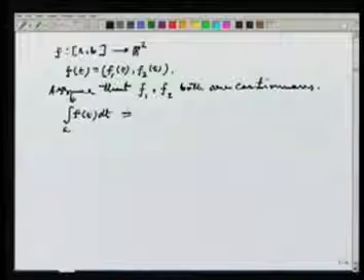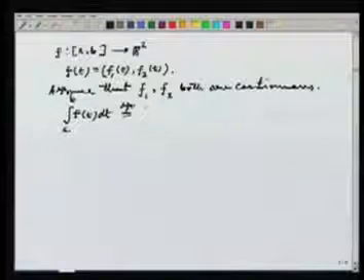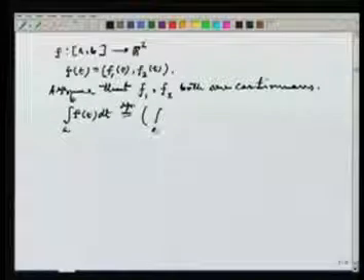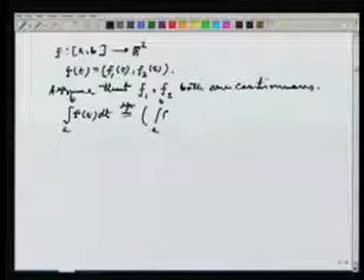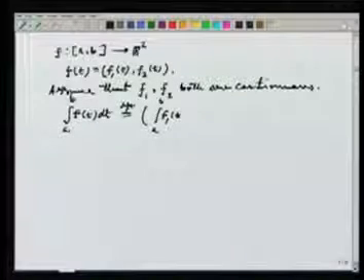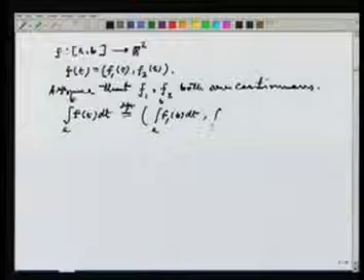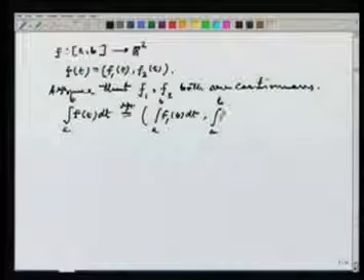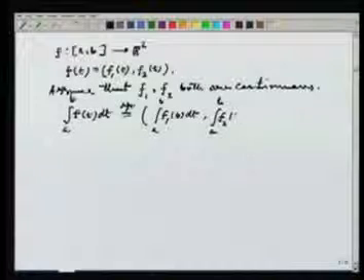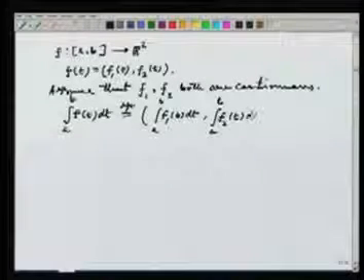Since f is vector valued, the integral of f should be a vector. Well, that vector we define as follows, so this is my definition: the vector whose x component is the integral a to b f1 t dt, and second component is the integral a to b f2 t dt.